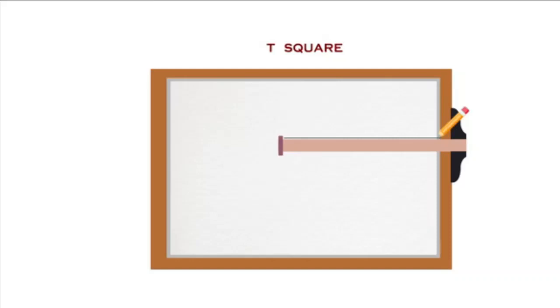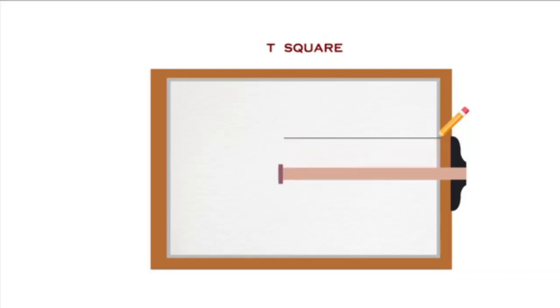The edge at which the point of the pencil is very close is called the working edge. Lines are drawn by using this working edge. That working edge is called the base. Okay, so this is the T-square.